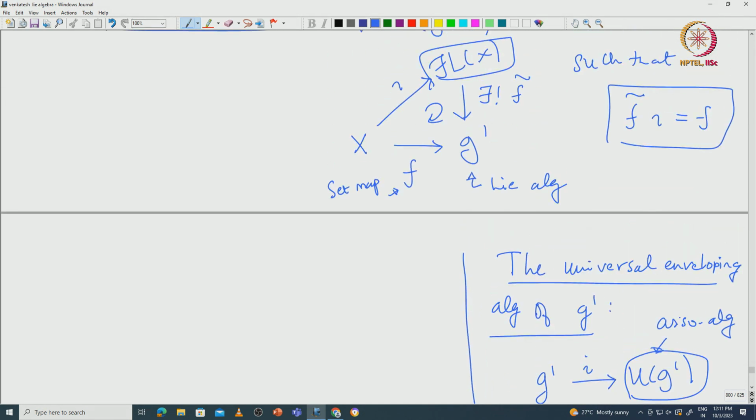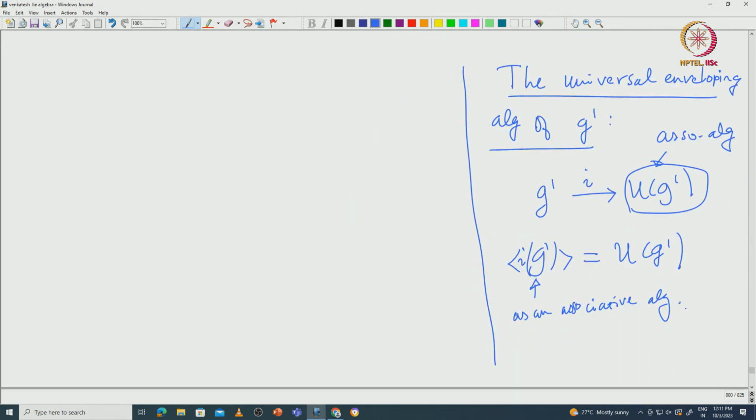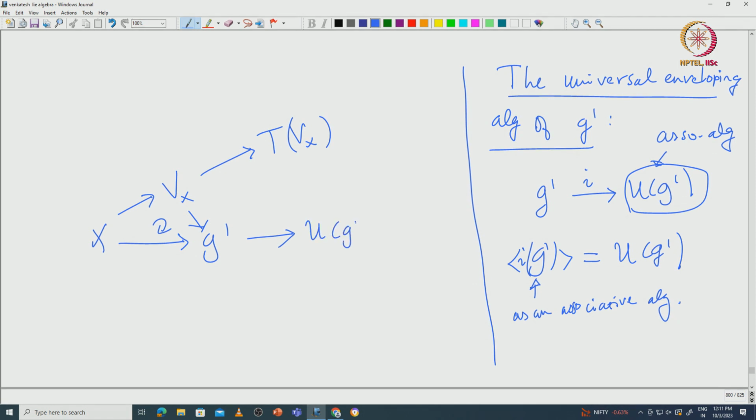Now you can see that given x you can extend to Vx, and then extend to TVx. Here you have g dash. From Vx to g dash you have a natural map such that this commutes, and from g dash to Ug dash you again have a natural map iota. If you combine them, you have a map here.